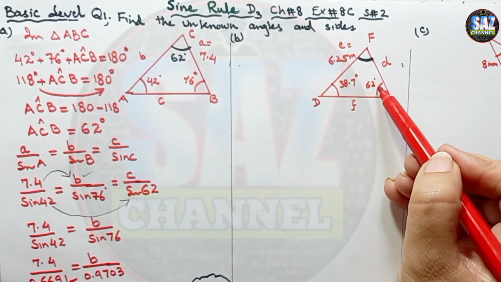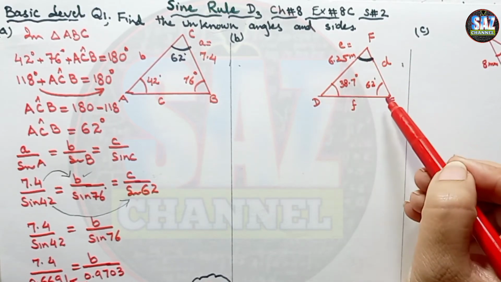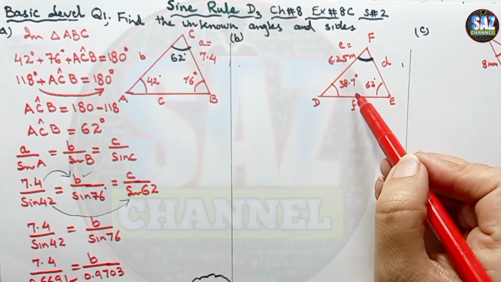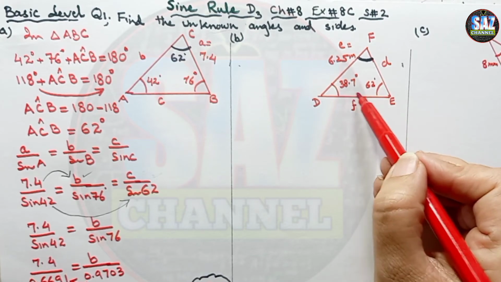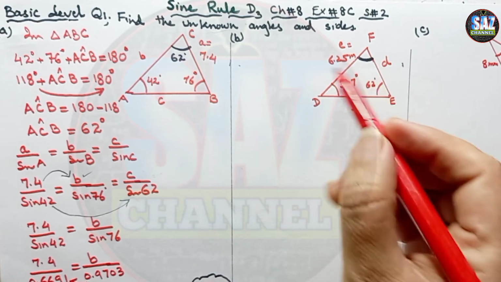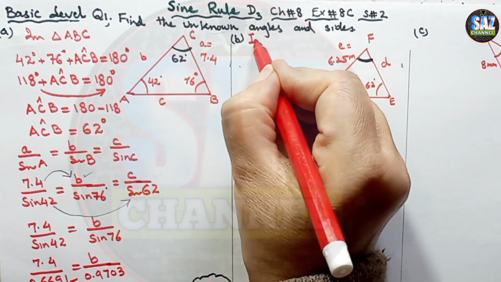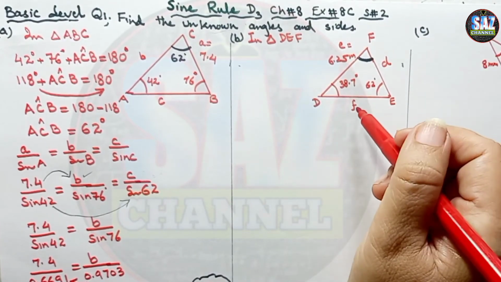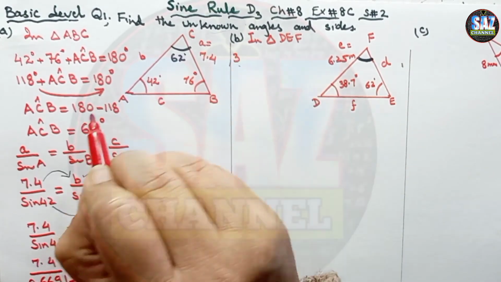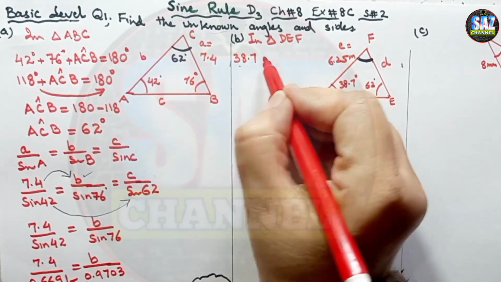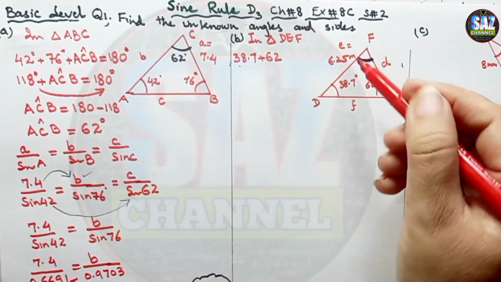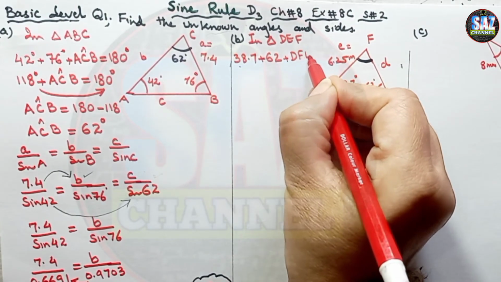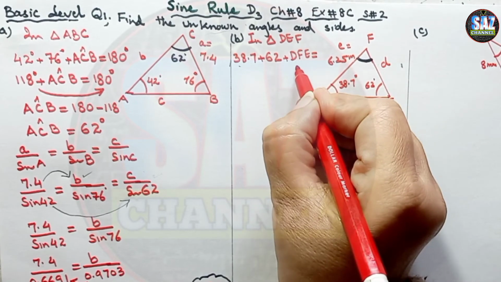Now, two of the angles are given, so we can easily find the third angle by adding up these two angles and subtracting the sum from 180 degrees, because we know the sum of interior angles of a triangle is always 180 degrees. Now in triangle DEF, we can write 38.7 plus 62 plus angle DFE equals 180 degrees.